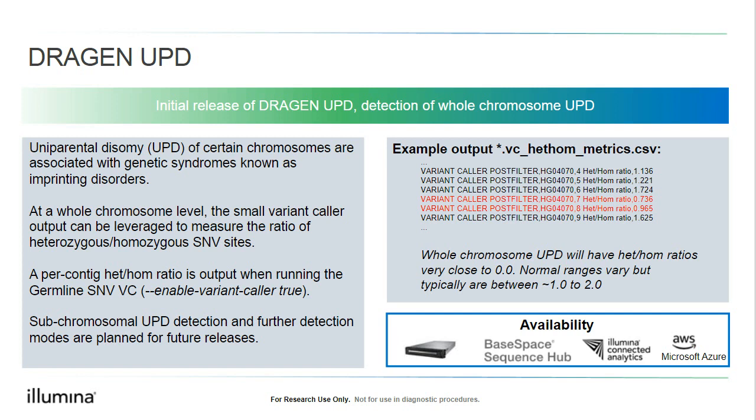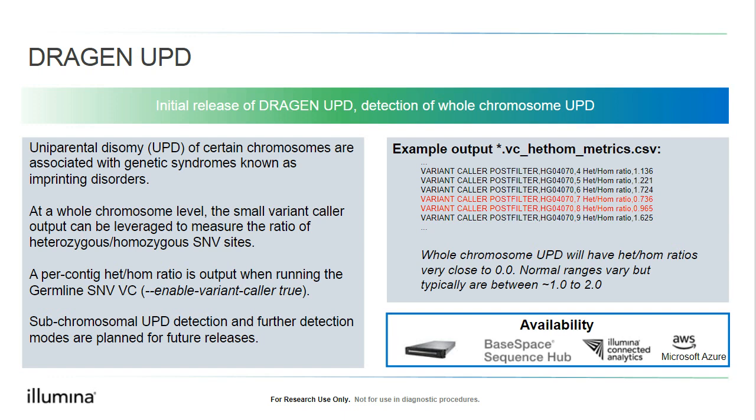What we are outputting from the small variant caller is a per contig het-hom ratio, and depending on that het-hom ratio, we can determine if there is whole chromosome UPD, and that a disomy is detected if that het-hom ratio is close to 0.